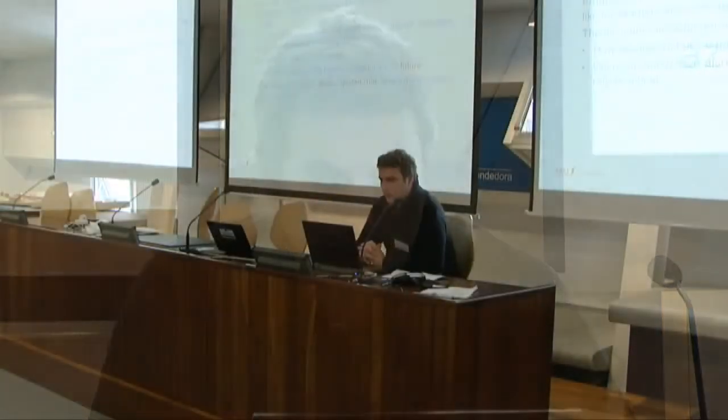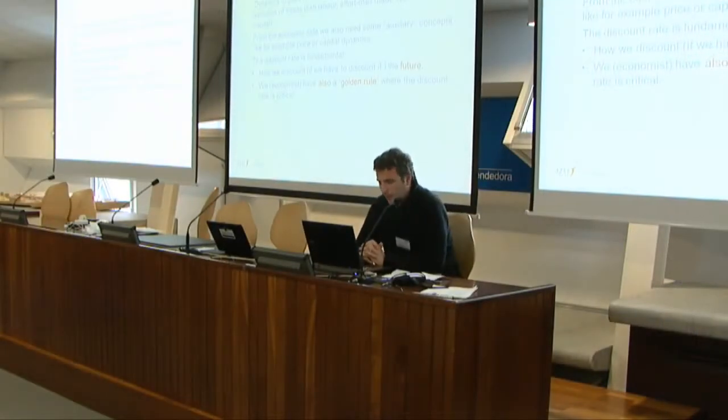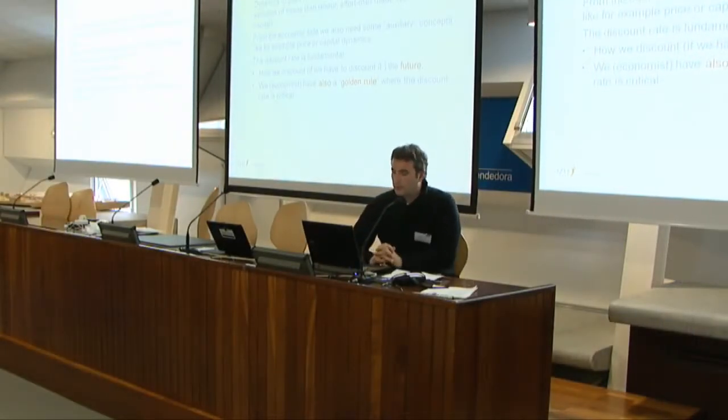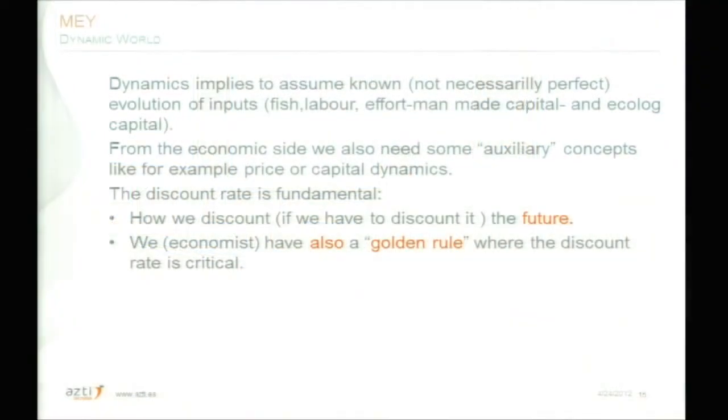But from the economic point of view, there's also another important concept that I would like to introduce. Like many other sciences, we economists also have a golden rule. And in this golden rule, which is the capital accumulation golden rule, the discount rate is critical.